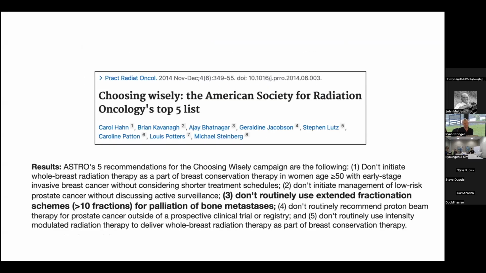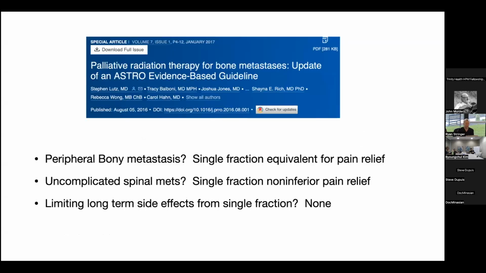So that led to some of the recommendations from societies like Choosing Wisely in many areas of medicine, but the American Society for Radiation Oncology, among several of their recommendations, I bolded here, don't routinely use extended fractionation schemes for palliation of bone metastases. And then the governing body, ASTRO, for the American Society of Radiation Oncology, they came out with their guideline recommendations.